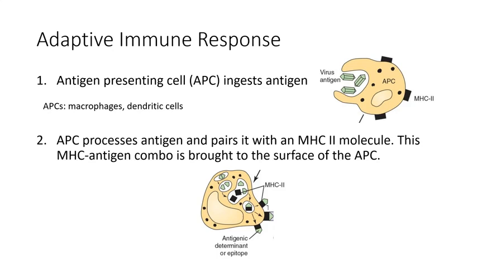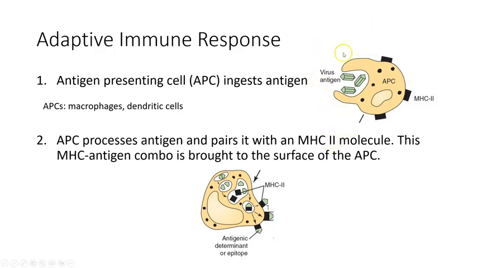So let's go through the basic steps of an adaptive immune response. The first step is that an antigen-presenting cell ingests the antigen. Our primary antigen-presenting cells are macrophages and dendritic cells. But remember that B cells can also serve as an antigen-presenting cell.